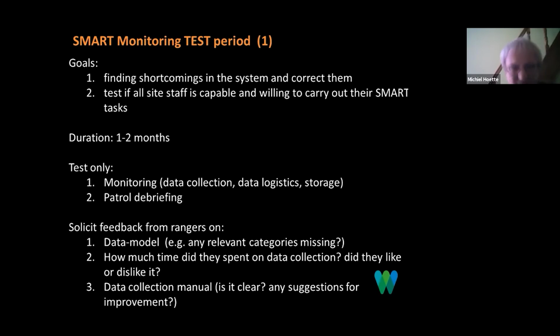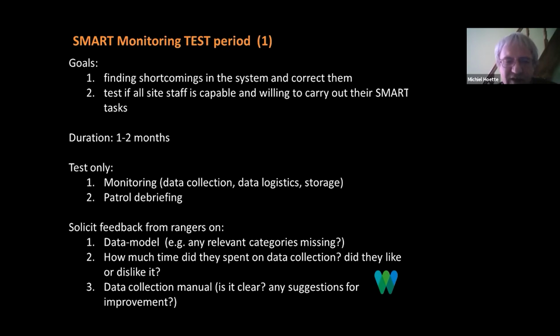That also means that you should solicit feedback on the system from the rangers that work with the system. For instance, whether they come across relevant things that they observe during patrols, but that are not included in the data model. You should get some idea on how much time the ranger spends on data collection, and whether they liked it or not.